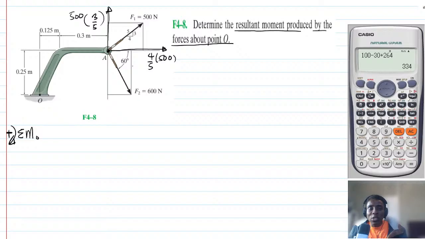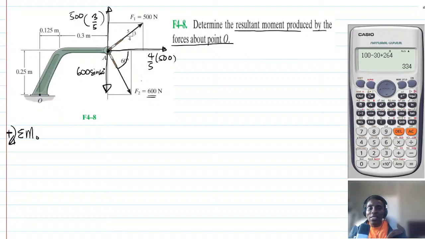And F2 is also having two components. One will come down, and if you look, the angle is 60, so here will be 600 sine 60.